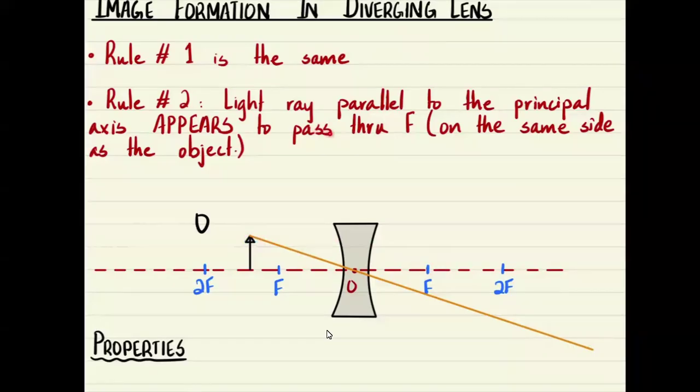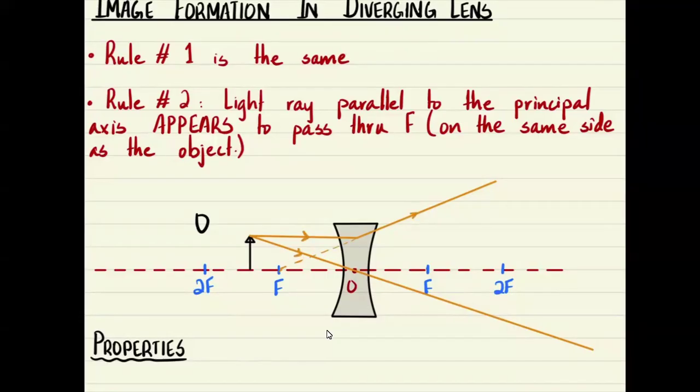The way it spreads out is such that if I take the light ray and extend it back, it appears to pass through the focal point on the same side. So for example, if I take this back, it appears to pass through this F. All right. So this is how the rays are.